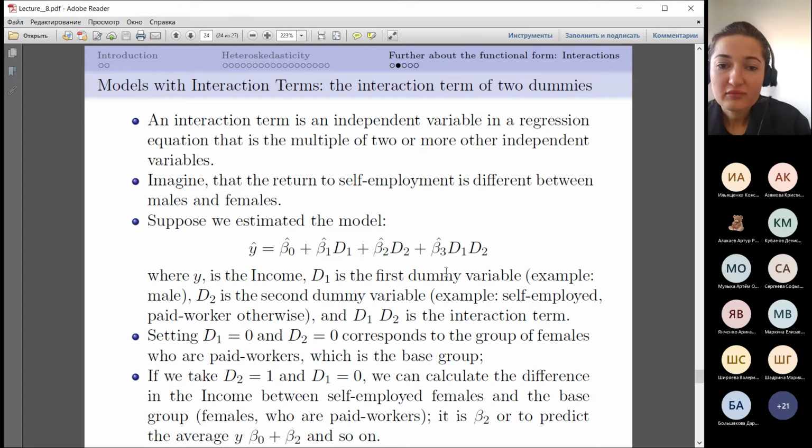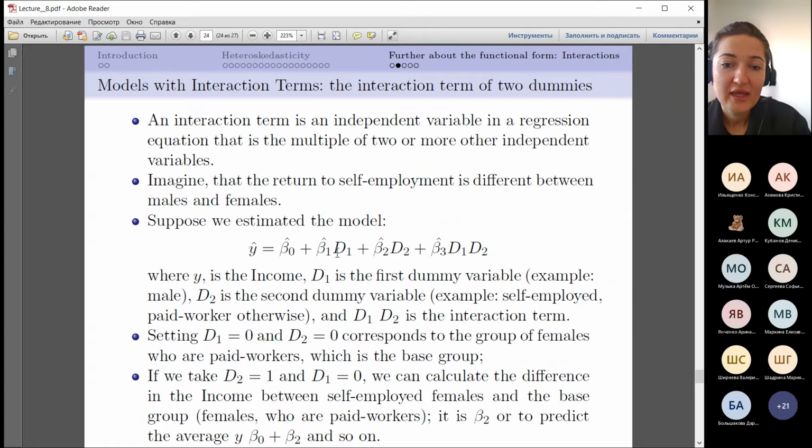So how can you understand this equation? For example, let's say that we want to assess this equation only when our respondent is a female who is a paid worker.